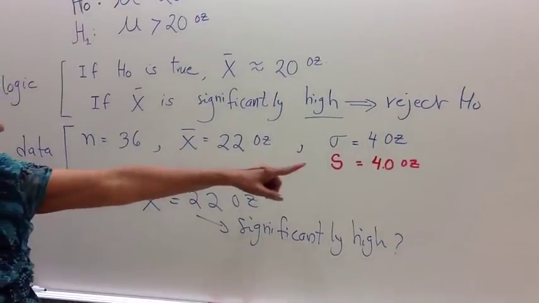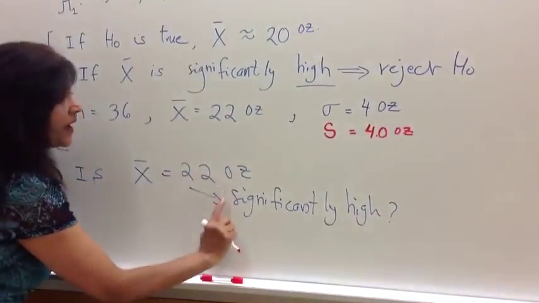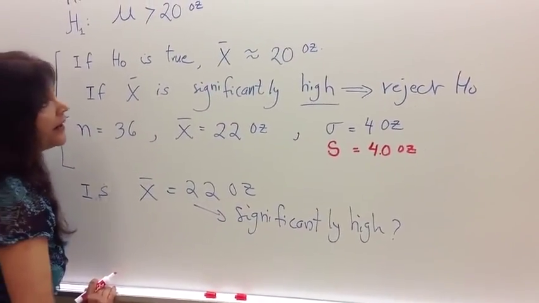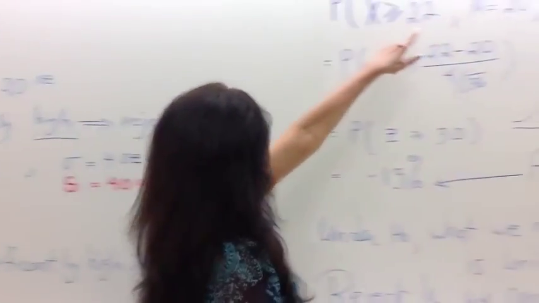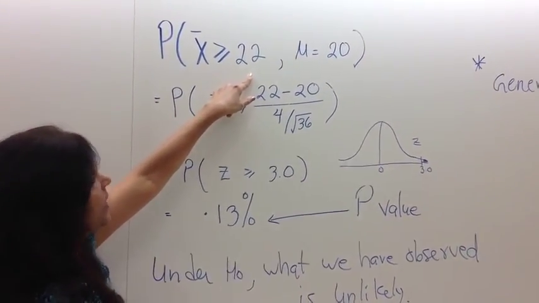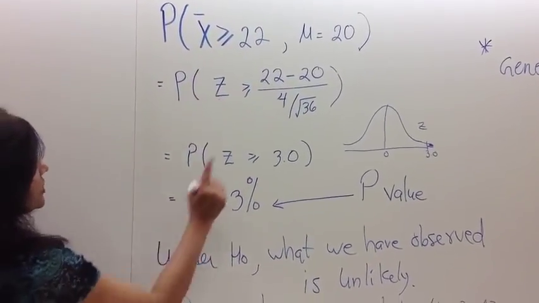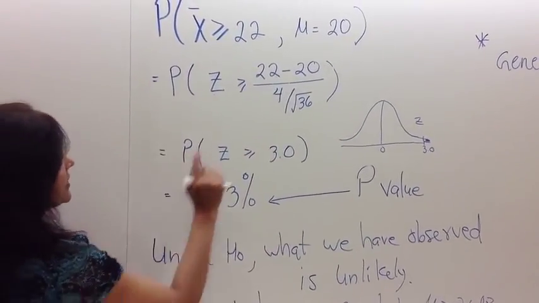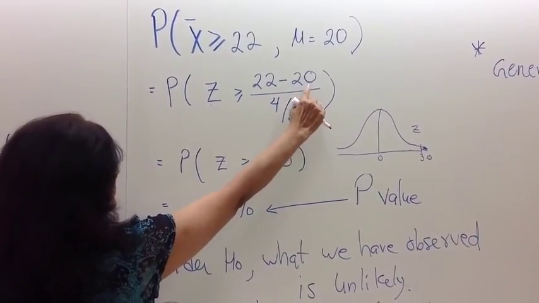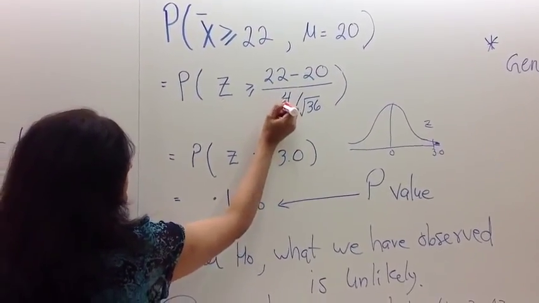So let's see what changes that will bring. The question is still, is X bar of 22 ounces significantly high? Again, the probability that we are calculating is the same. What is the probability that X bar could be as high or higher than 22? We will change X bar again to a standard value by subtracting the mean and dividing by the standard deviation.